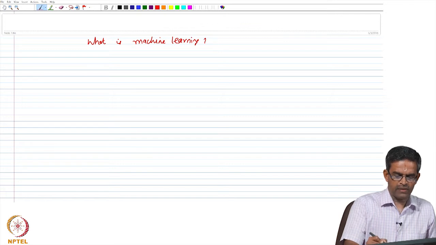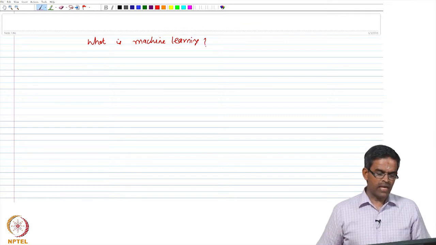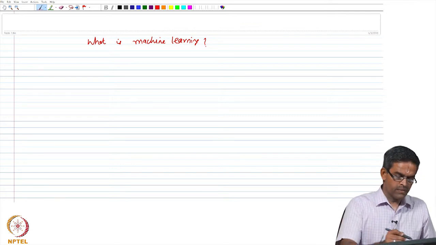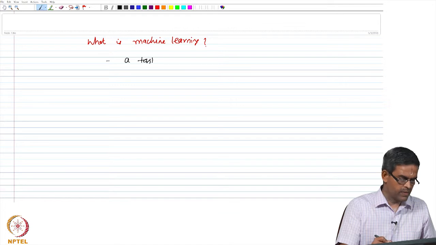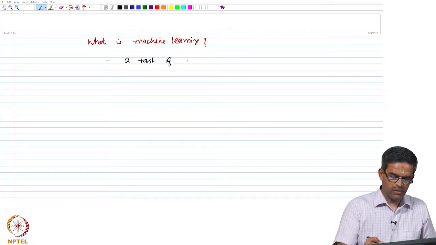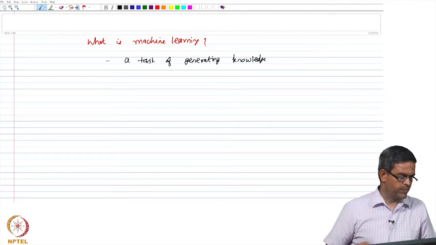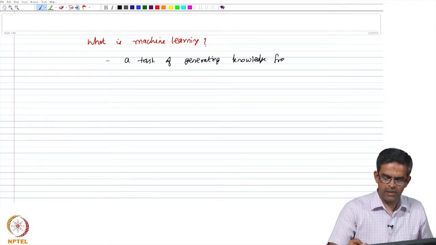First, we will try to answer this, then we will try to answer how machine learning is done. Machine learning is described as a task of generating knowledge from the past experiences.